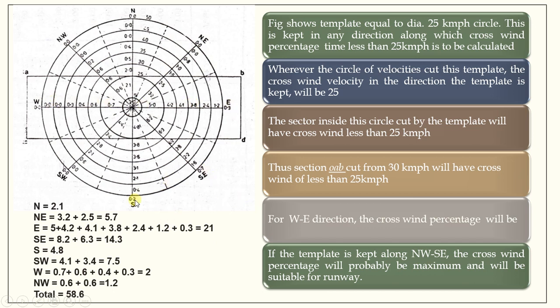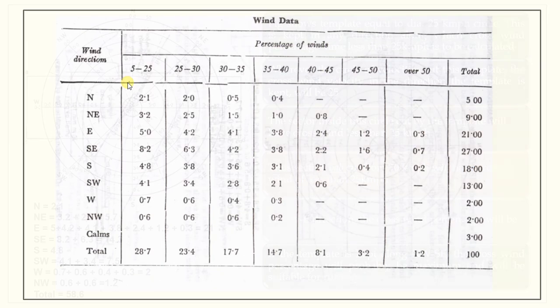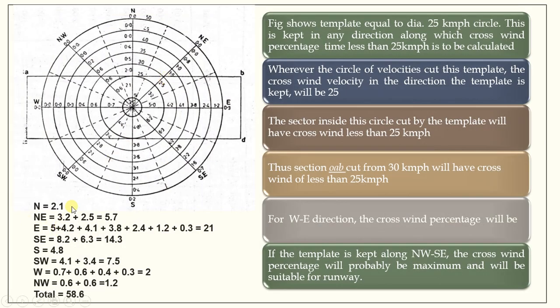The percentage for the west and east direction, the crosswind percentage, would be as follows. For north, it is directly coming out to be 2.1; I have taken this value from the last table. Likewise for northeast, here it is going to cut a little more than this circle, slightly, so it should be 3.2 plus 2.5, which comes out to be 5.7.